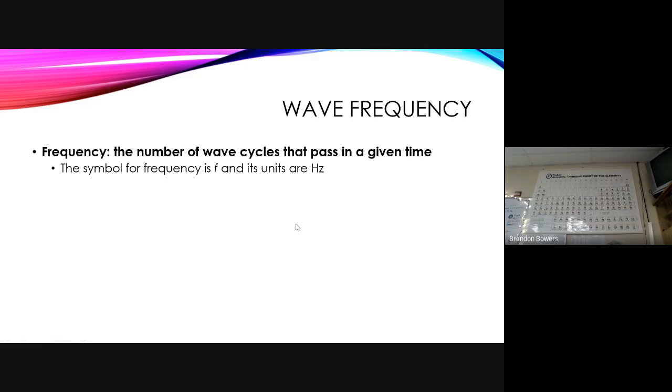The difference is frequency. Let's say we have a given time. So let's say this is our time we're given. The question is, how many waves occurred in that time period?